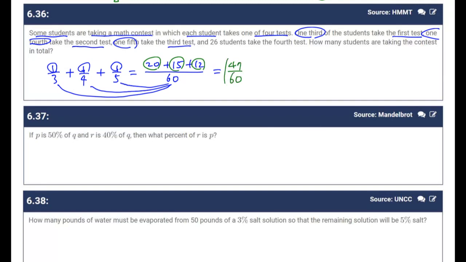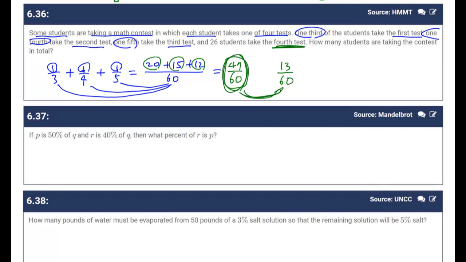That's the fraction of the students taking the first or second or third, right? Now, don't we still have the fourth test right here? And that must be whatever is leftover from this, which is 1 minus 47 over 60, which gives you 13 over 60, isn't it? Because they add up to 1, right?